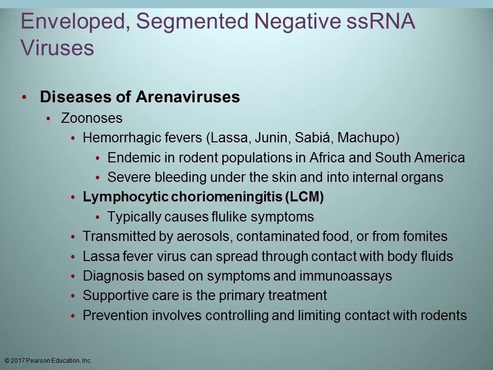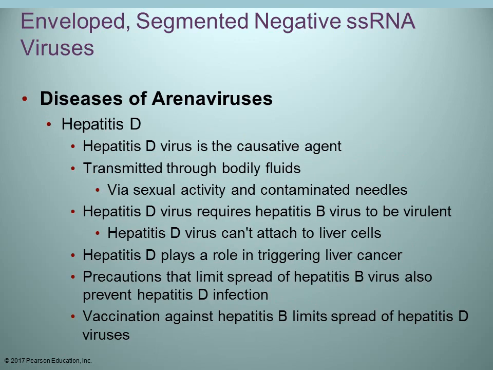They tend to be endemic in some of the rodent populations in Africa and South America. They can be transmitted to humans, give flu-like symptoms, and are transmitted by aerosols, contaminated food, and fomites. Supportive care is going to be your primary treatment, and prevention is once again to control contact with the rodents.